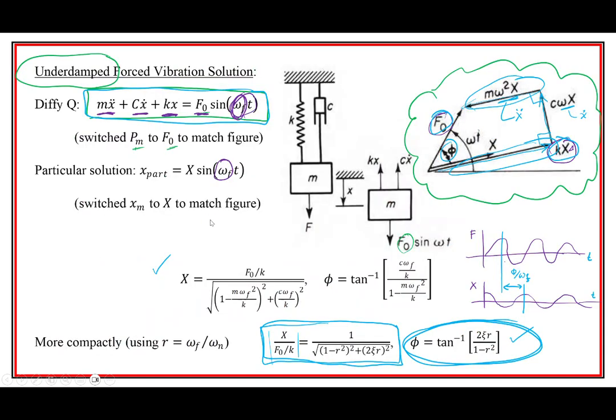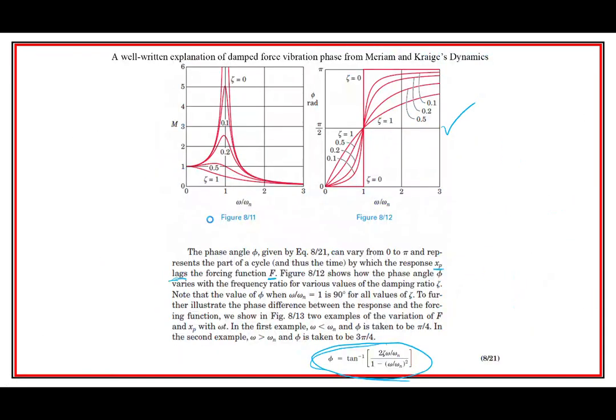Anyway, that's the lead and the lag kind of concept, and it shows how the phase angle varies with the frequency ratio and the damping ratio, right? So you can see that right here it's an either-or type of thing when the damping is 0. That's the undamped response. And note that there's 90 for all values.